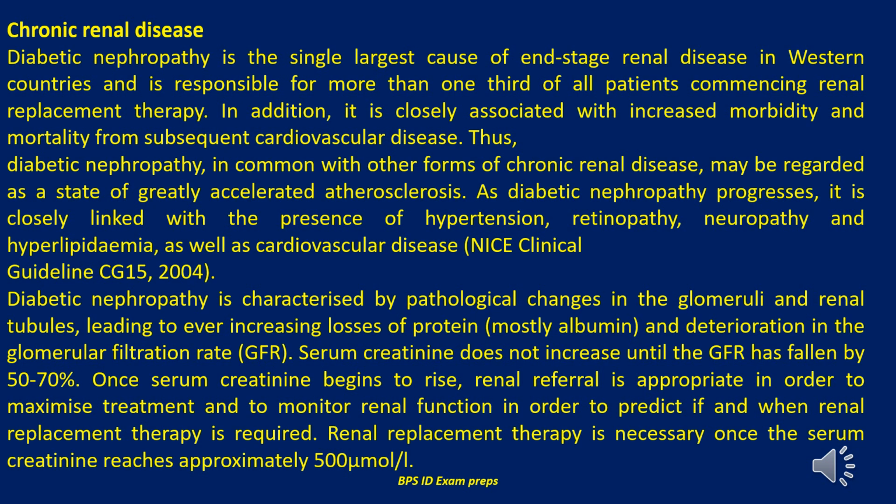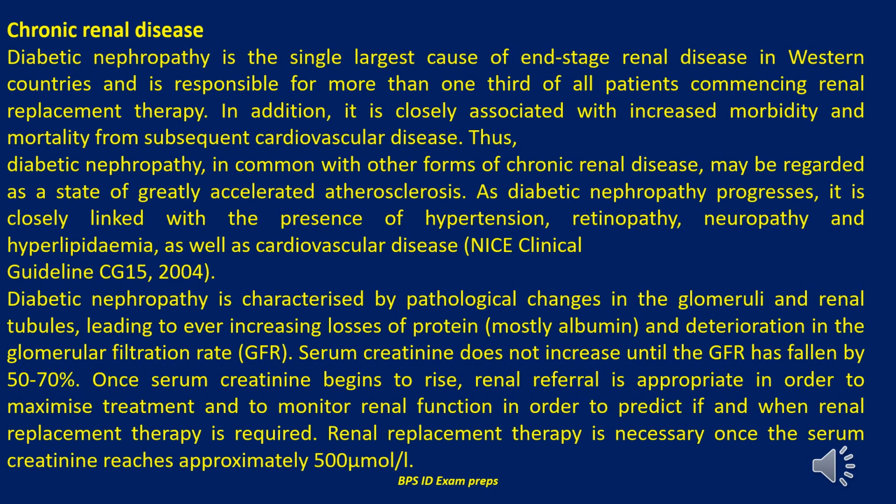Diabetic nephropathy is characterized by pathological changes in the glomeruli and renal tubules, leading to ever-increasing losses of protein, mostly albumin, and deterioration in the glomerular filtration rate (GFR). Serum creatinine does not increase until the GFR has fallen by 50 to 70%.